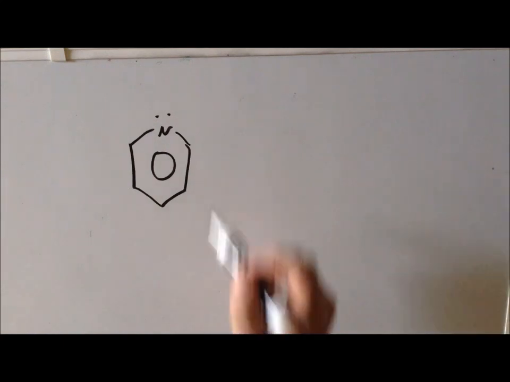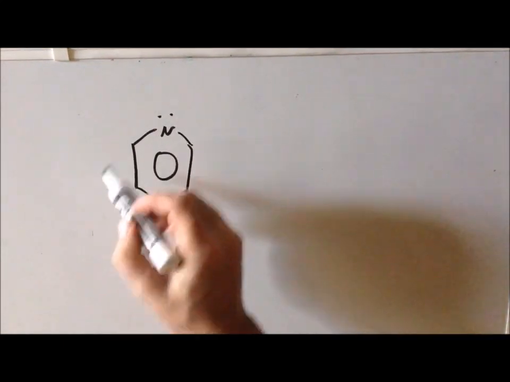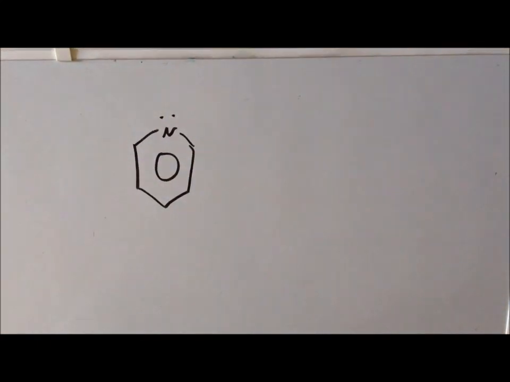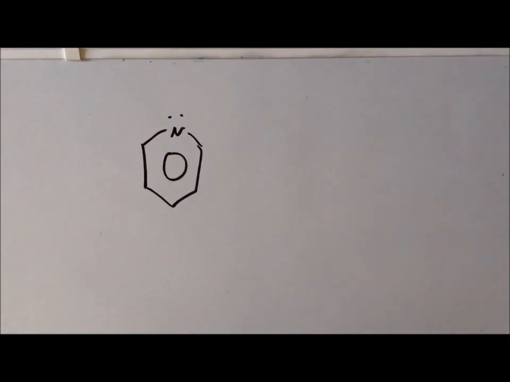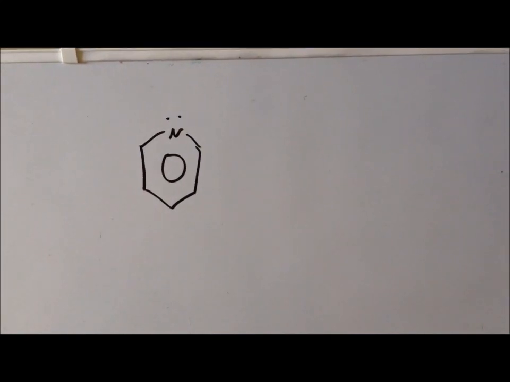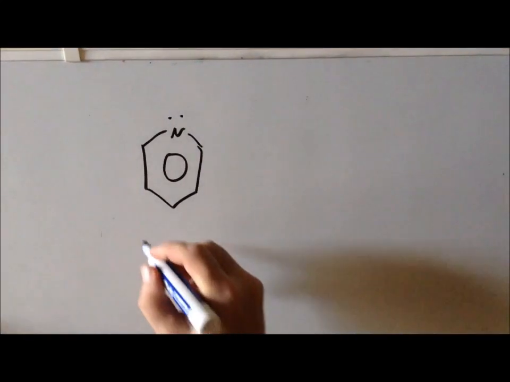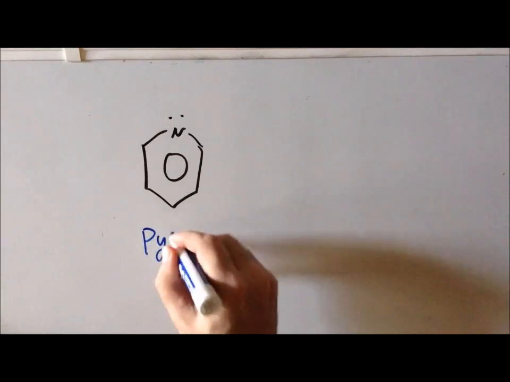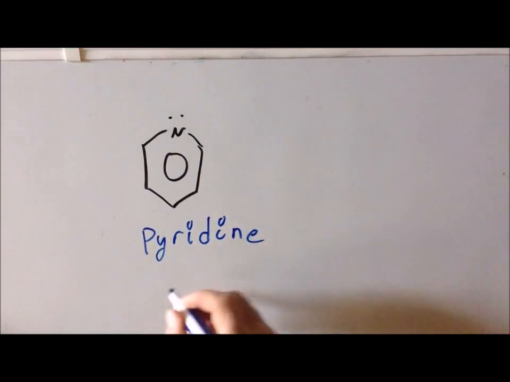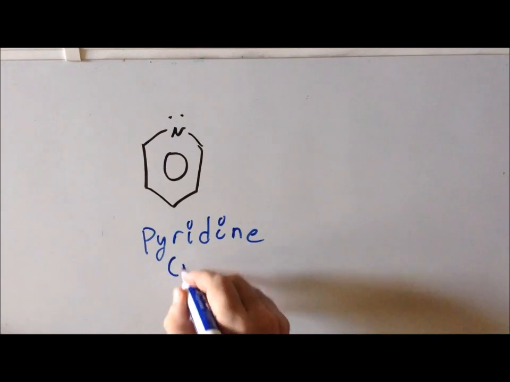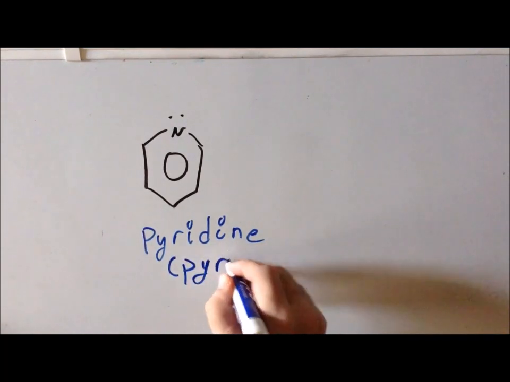And again, there are 5 hydrogen atoms attached to carbons, which are not explicitly depicted. We would like to ascertain the point group symmetry of this important compound. Let's show how we spell pyridine. And typically in inorganic chemistry, we abbreviate it as PYR.